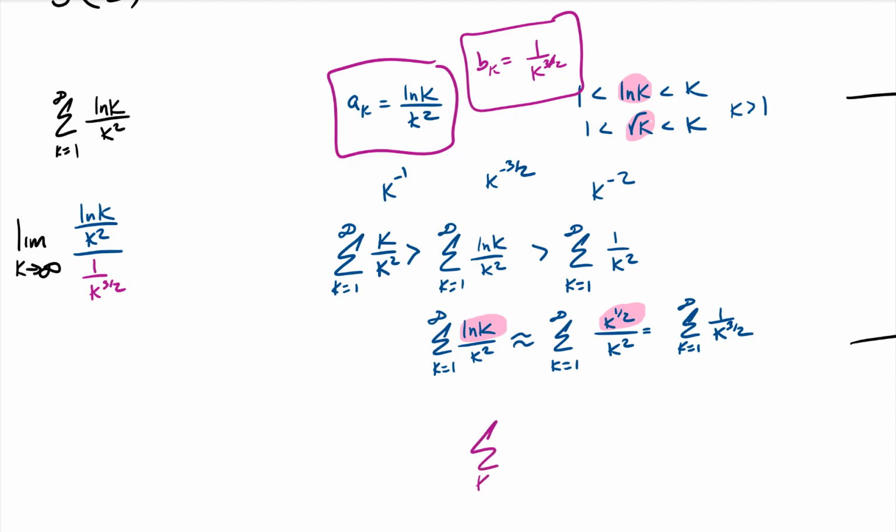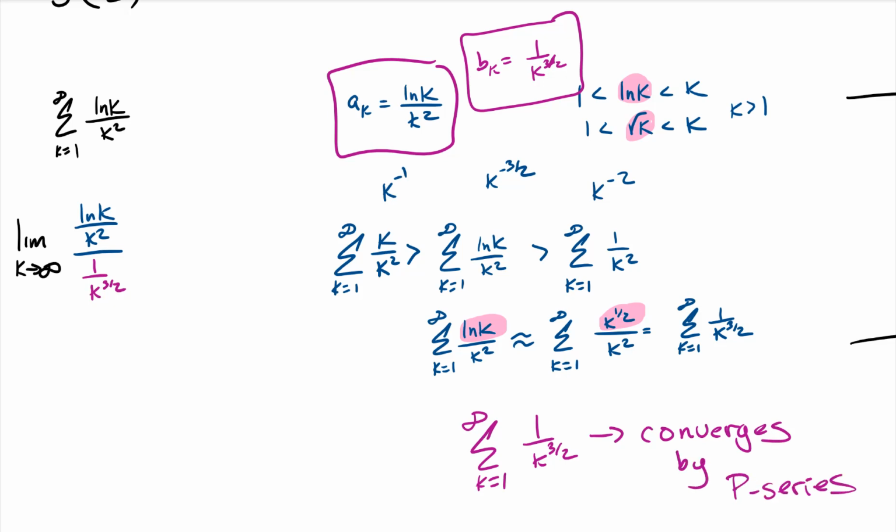Does the sum from k equals 1 up to infinity of our b sub k converge? Yeah, it converges by p series. All right, so it converges. So since one of them converges, if we can find the limit of this, and it goes to any sort of number that's not infinity, we know for certain that this thing is going to converge.